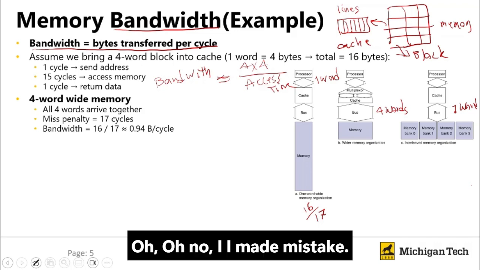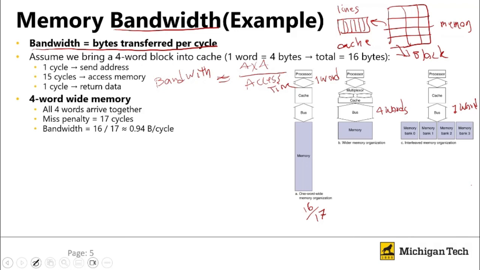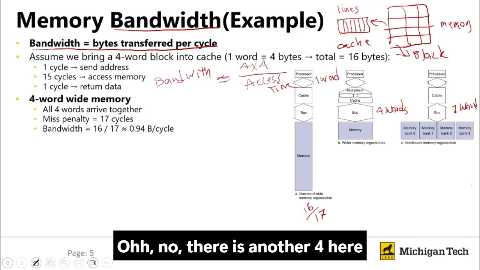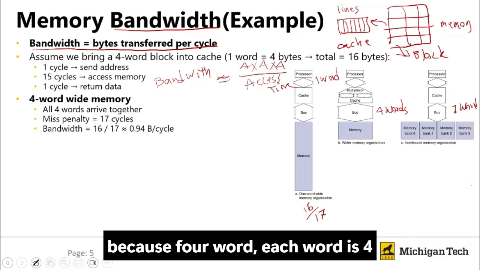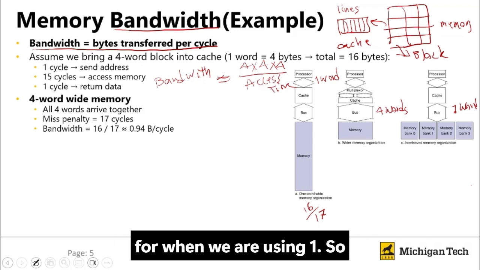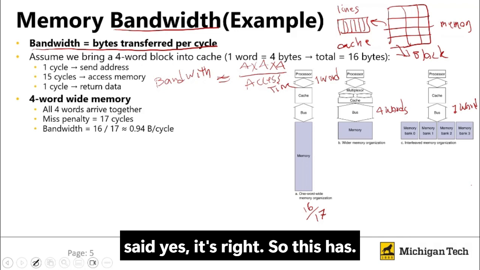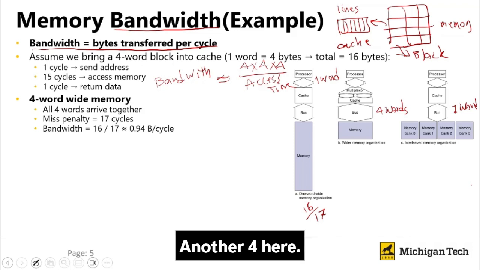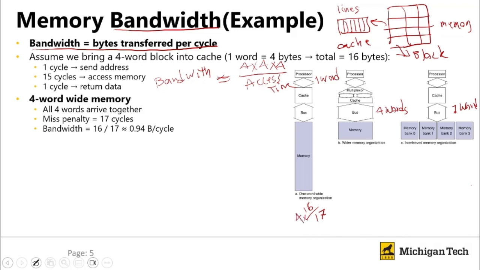Oh no, I made a mistake. 4 words. Oh no, there is another 4 here, because 4 words, each word is 4 bytes. So it has another 4 for when we are using 1. So we have another 4 here, multiplied by this.